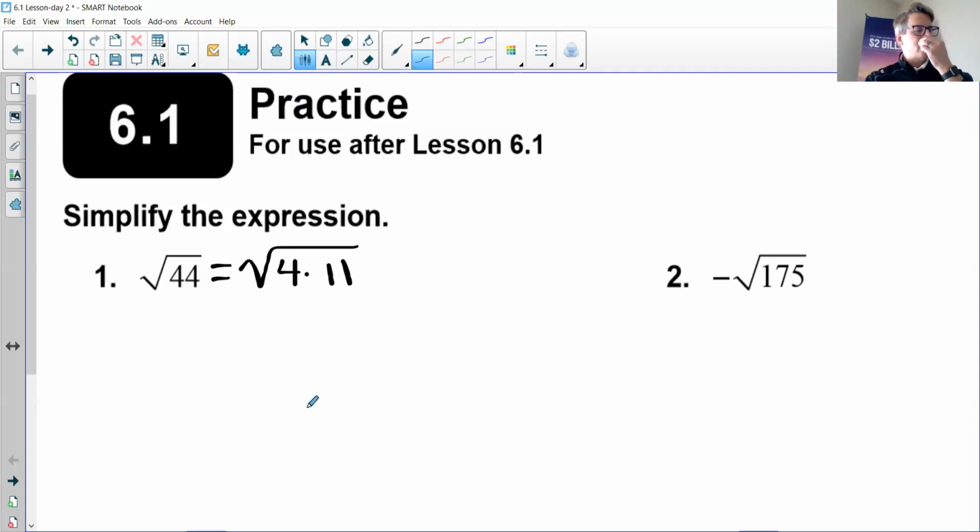So square root of 4 times 11 is the same as the square root of 4, which is 2, and that is the square root of 11. So you end up with 2 square root of 11.